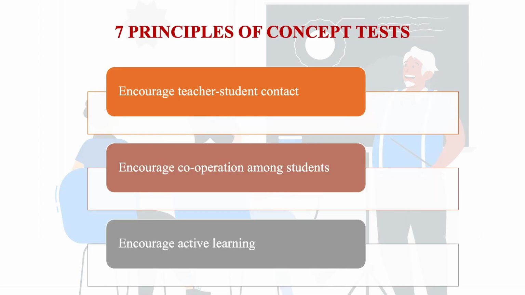When some kind of test we are giving, they have to do it in groups. There we need the cooperation among students. Next, to encourage active learning. Without active learning, nothing takes place. So through this concept test, we have to make sure that this active learning process is taking place.